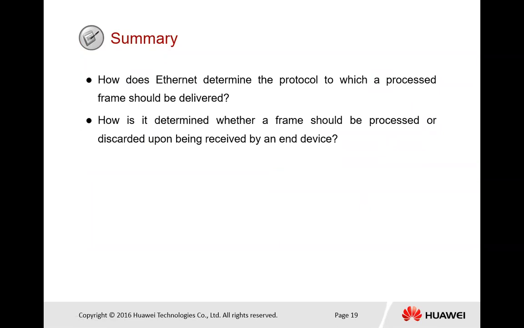How does Ethernet determine the protocol to which a processed frame should be delivered? The correct answer is the type field. Second question: how is it determined whether a frame should be processed or discarded upon being received by an end device?